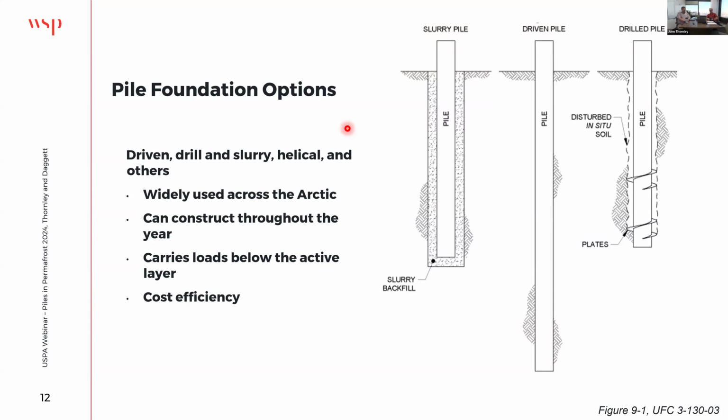And so it's at least an order of magnitude more expensive to construct with concrete. So pile foundation options tend to be more common. They also allow for better Arctic design for keeping frozen ground frozen.